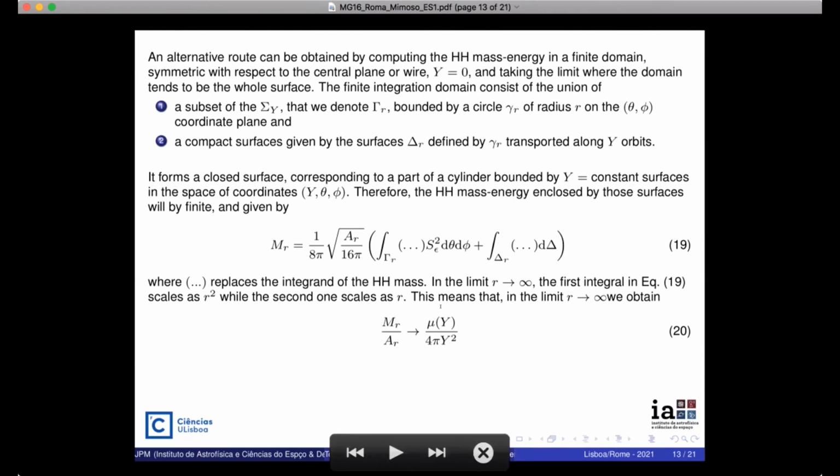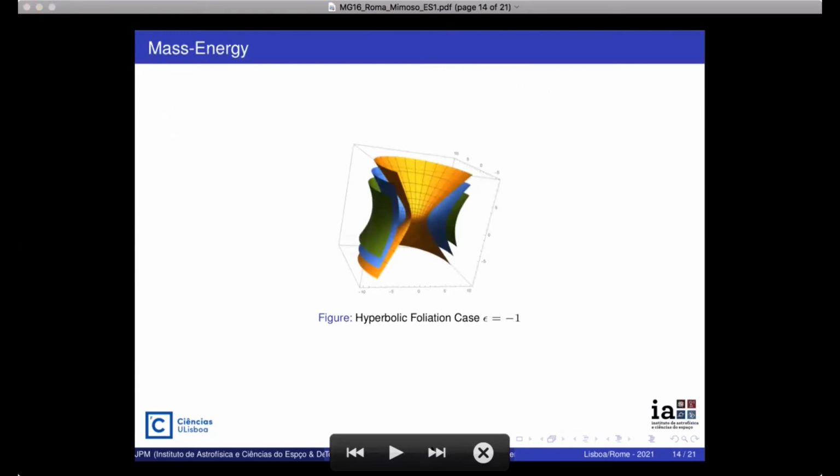So basically, what we are defining here for open models is a mass parameter defined on the surfaces of the leaves for a given y, which in this case could be just the radial parameter, in cylindrical coordinates, defining the throat of this hyperbole. And what we define is this mass parameter over the area.